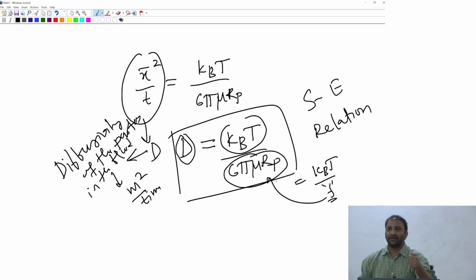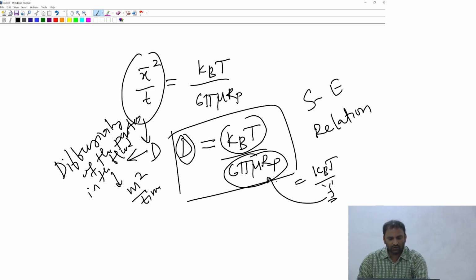But this is typically applied for rigid, smooth spheres, and the particles have to be in the colloidal size range, of course, because they have to exhibit Brownian motion. In real systems, it turns out this equation is typically valid for a lot of colloids that people use in everyday experiments.